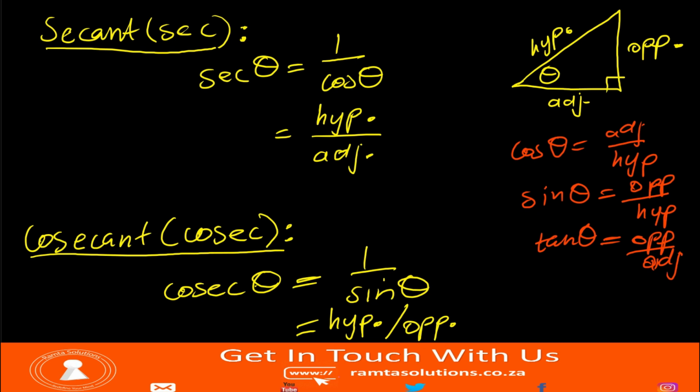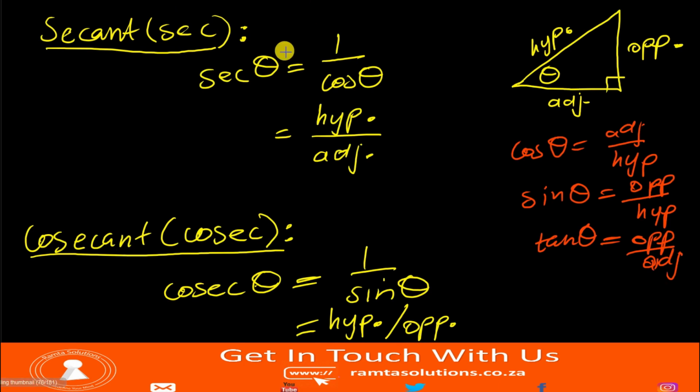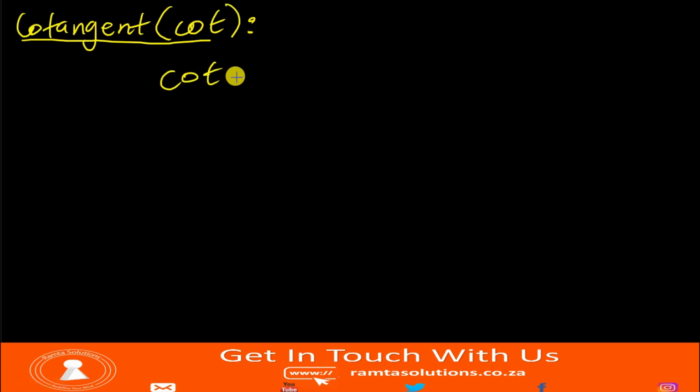Now let's look at cotangent, which you will call cot. Cotangent is the reciprocal of tan theta.